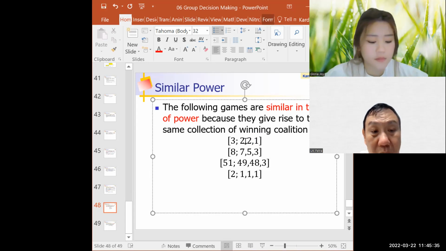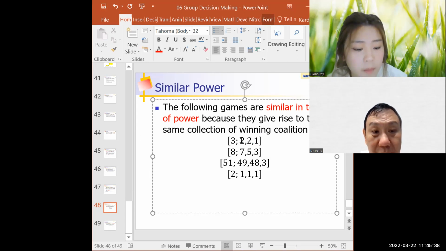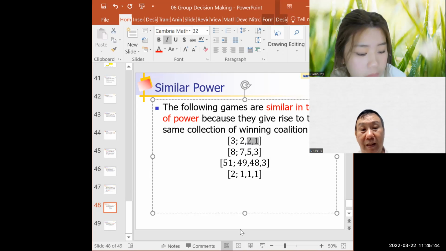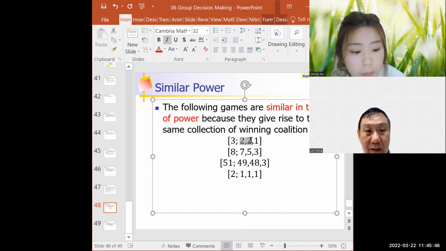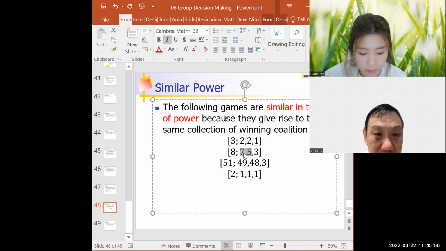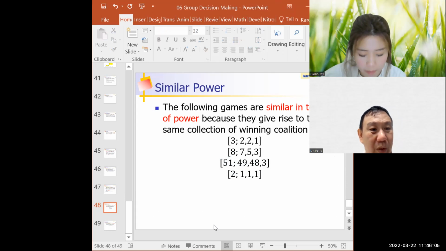So if you want to win, the threshold is 3, right? If you want to win, you must create this. This one must join in order to win, or this one must join in order to win. And the 3 of them must join in order to win.